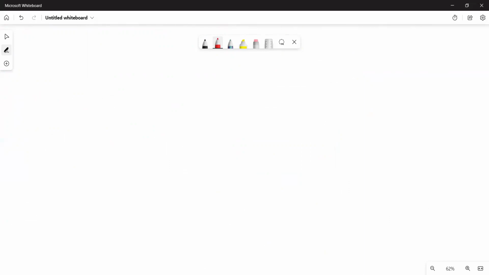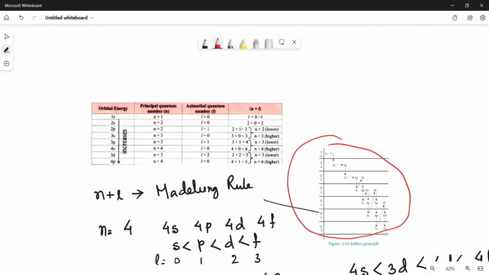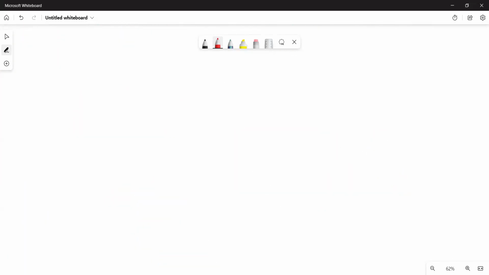So in that case the sequence sometimes gets modified, and the d and f orbitals will have less penetrating power at that position compared to the s or p orbitals.